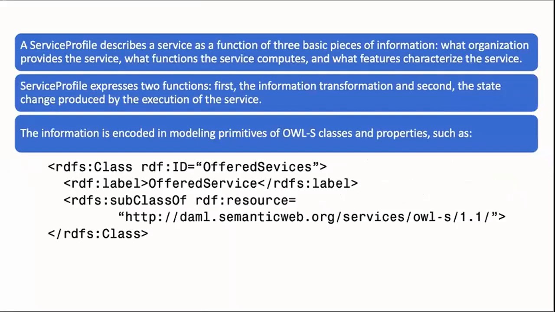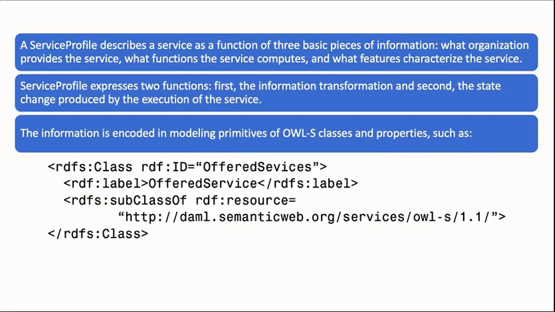The OWL-S service provides one possible representation through the class profile. A service profile describes a service as a function of three basic pieces of information: what organization provides the service, what functions the service computes, and what features characterize the service.